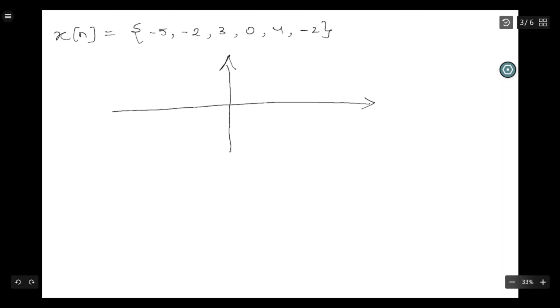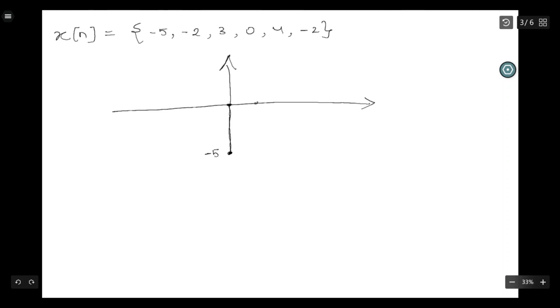Here we will consider the origin as -5. This is the origin. The first term is considered the origin.